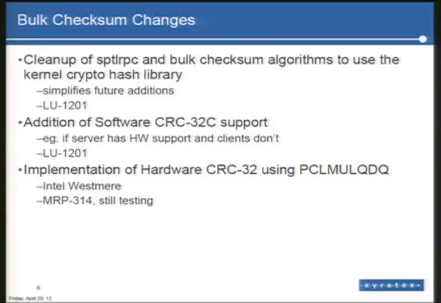And then also, in Intel's latest CPUs, the Westmere processors, they've added a hardware instruction called the carryless multiply. That's what the CLMUL-QDQ is about, carryless multiply, which allows efficient coding of various checksumming algorithms.